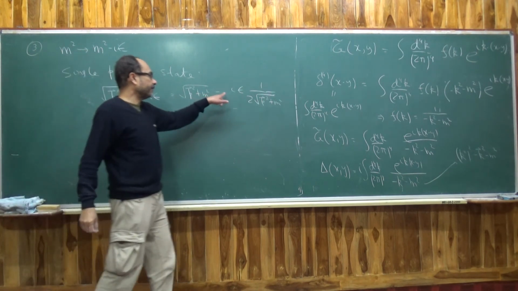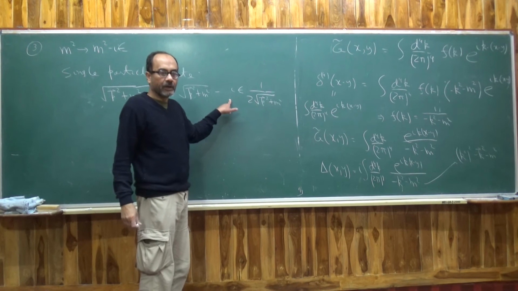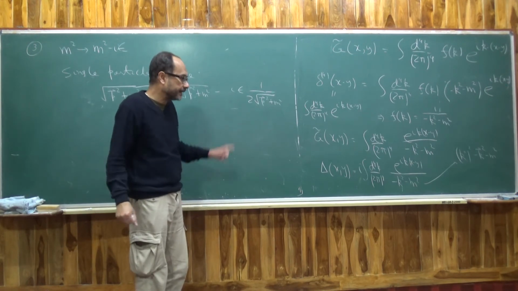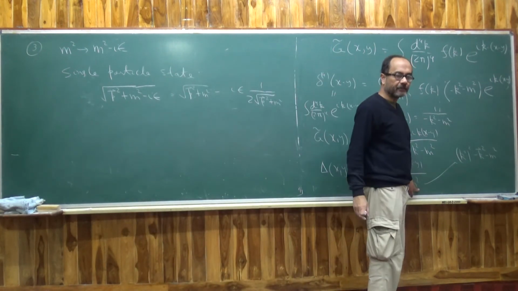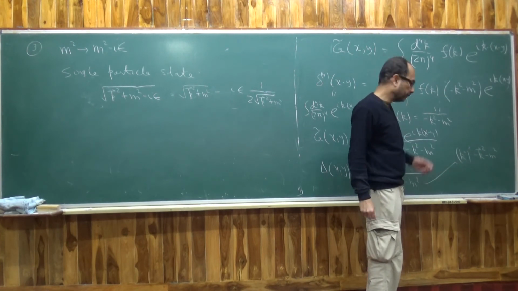So you see that indeed we have a small negative imaginary part in the energy. If you replace m square by m square minus I epsilon, you can suppress contribution from excited states. And here you see that once you replace m square by m square minus I epsilon, the pole gets shifted from the real axis. And then you can in fact define the integral without any problem.